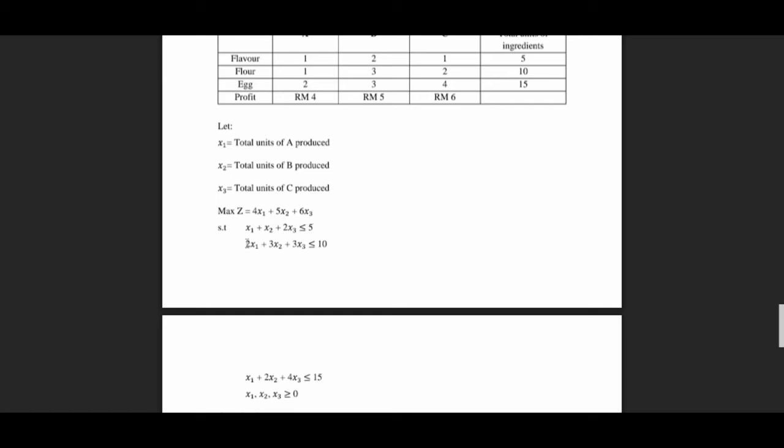And the second constraint is 2x1 plus 3x2 plus 3x3 smaller than or equal to 10. And the third constraint is x1 plus 2x2 plus 4x3 smaller than or equal to 15. And the last constraint is x1, x2, and x3 bigger than or equal to 0.